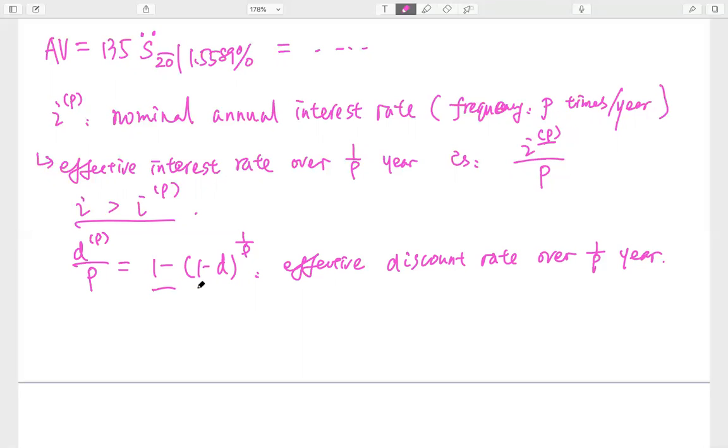This is what I called the tilde in the previous examples. This is the nominal annual interest rate. This is obviously the nominal discount rate, at the frequency p times a year. So that's good for this video. Let me stop here.